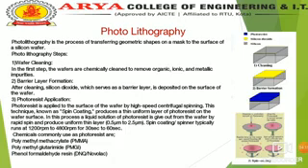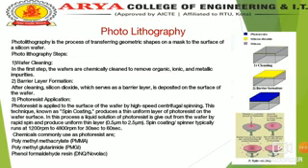Third one is photoresist application. Photoresist is applied to the surface of the wafer by high speed centrifugal spinning. This technique, known as spin coating, produces a thin uniform layer of photoresist on the wafer surface.